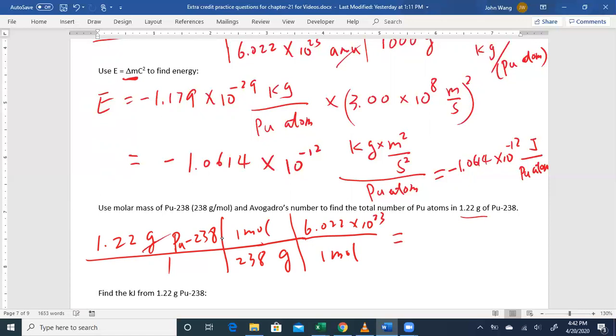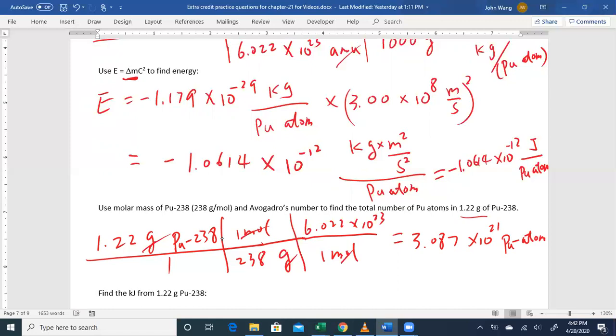So gram comes out, mole comes out. So we have how much plutonium atom? 3.087 times 10 to the 21 plutonium atom.